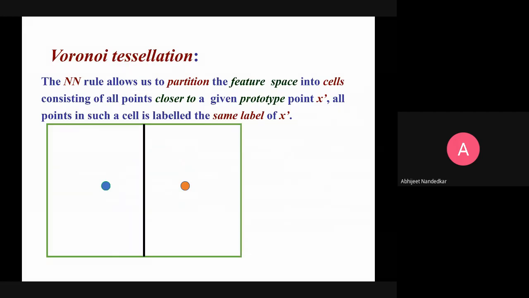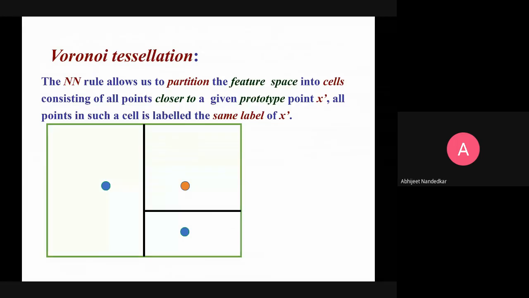I add one more sample. This is one more sample which belongs to the blue class. Now if I add this, what will be the new boundary?